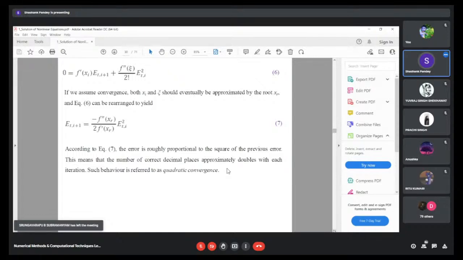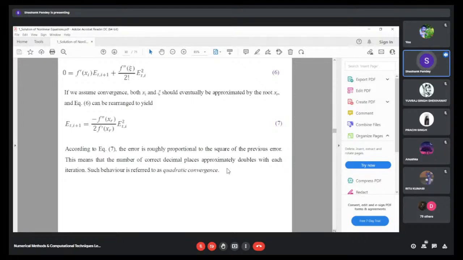Looking at equation number 7, we can state that the error is roughly proportional to the square of the previous error.